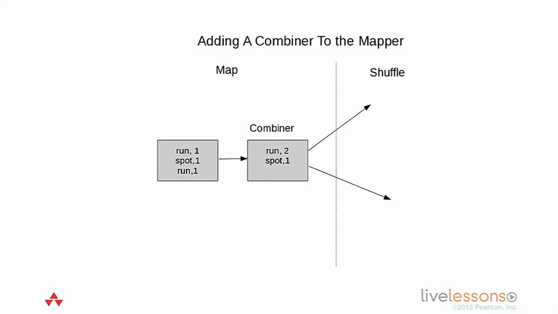And what it says is, hey, look, I'm going to lighten the load here and optimize this a little bit, and notice that I've got 2 instances of run and I'm going to report them as run 2. So when it gets to the reducer, it actually makes for less work. So a combiner step is recognizing that there's a little bit of an optimization that can be done with the output of the map data before it goes off to the reduce stage.